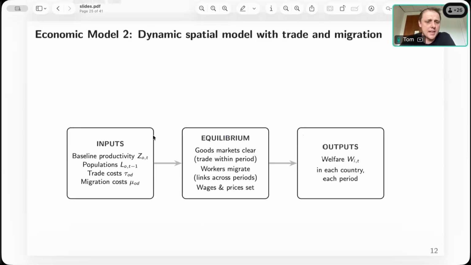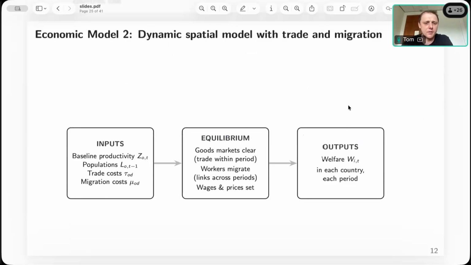What this does is take in inputs such as baseline productivities, where people live, and how much it costs to trade and migrate with different regions, and then specifies a set of equilibrium conditions, which says that people move to where they get the highest utility, people trade in order to get the highest profits, and wages and prices adjust in order to make sure that all markets clear. Using these equilibrium conditions, we can get estimates of the welfare in each country and in each period, given the inputs that were put into the model.